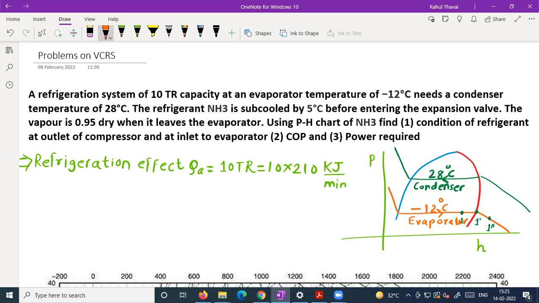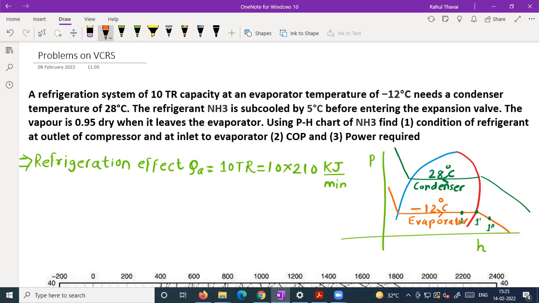Now see what they're saying: the refrigerant NH3 is subcooled by 5 degrees Celsius before entering the expansion valve. When you talk about this point, that is the exit of the condenser. Once the refrigerant gets out from the condenser, it goes to the expansion valve. Try to understand.